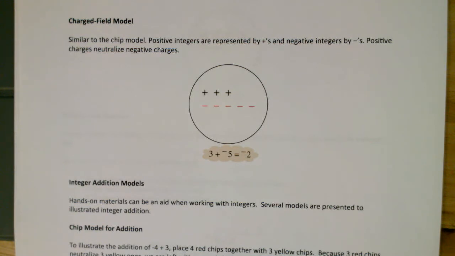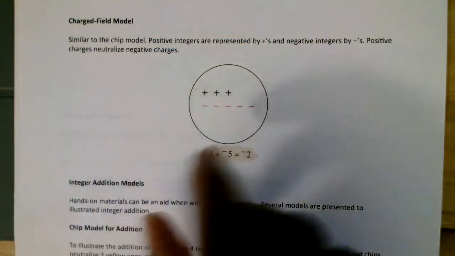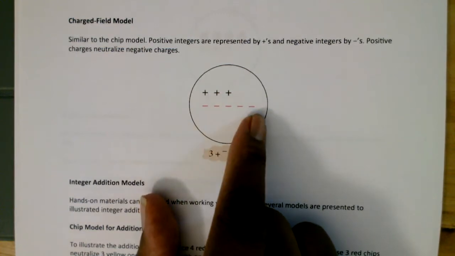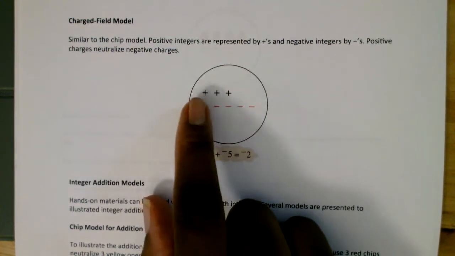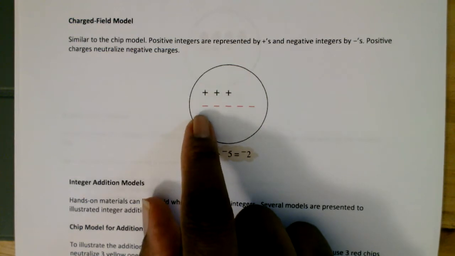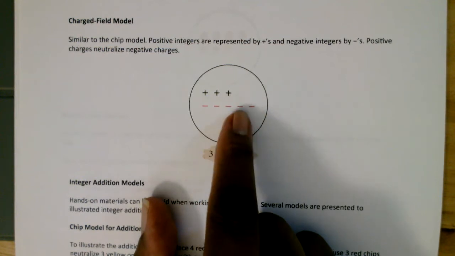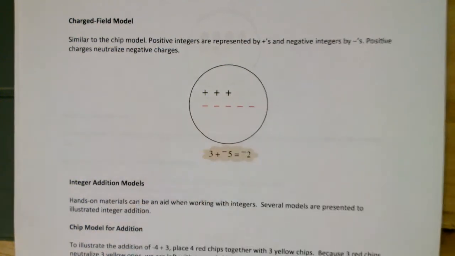Positive charges also neutralize negative charges. So I got 3 positive charges and 1, 2, 3, 4, 5 negative charges. A positive and a negative form a zero pair. So I have 3 zero pairs that can be formed. I'm left with 2 negative charges. So this represents 3 plus -5 equaling -2.